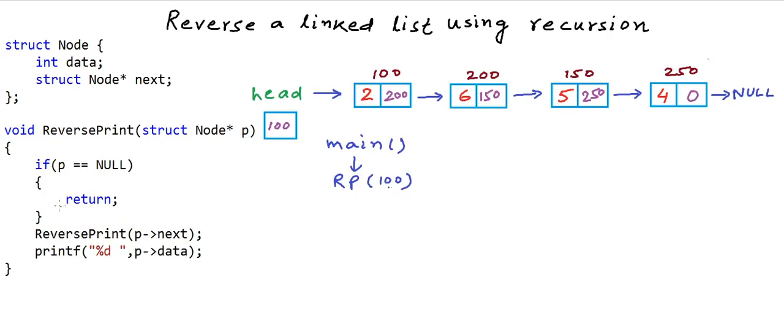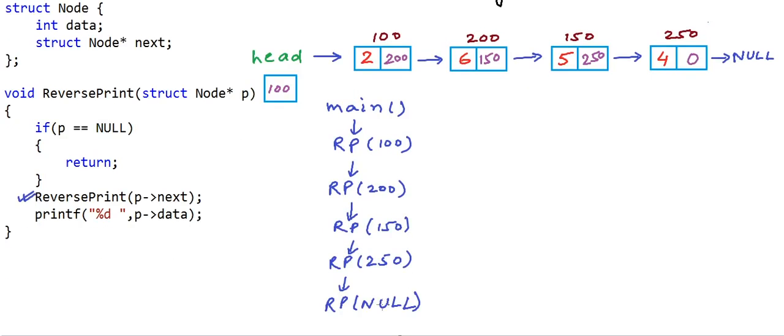and this guy will first make a recursive call, and then when this recursive call finishes, only then it will print. I'm writing RP as shortcut for reverse print. So the recursion will go on like this, and when it reaches this particular call, when the argument is null, it will return.